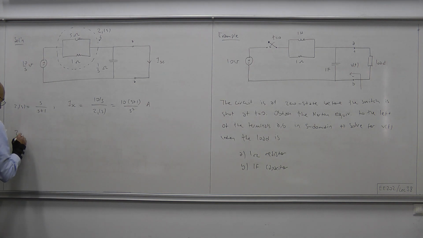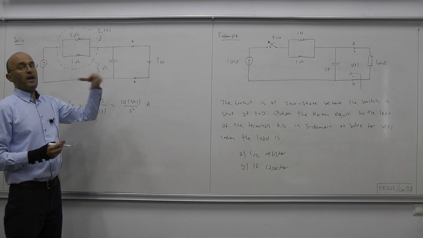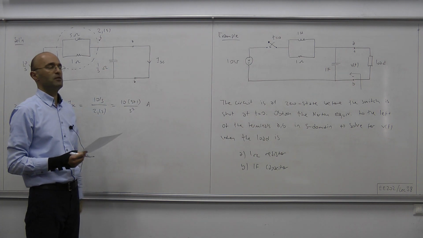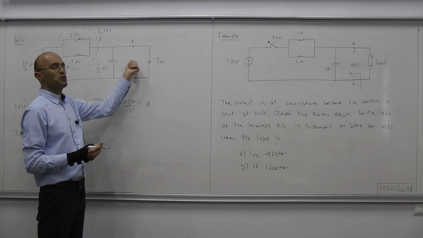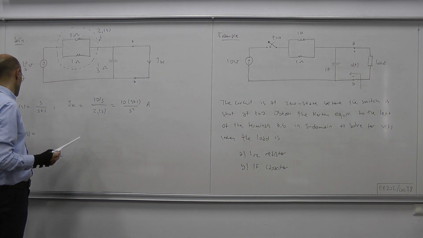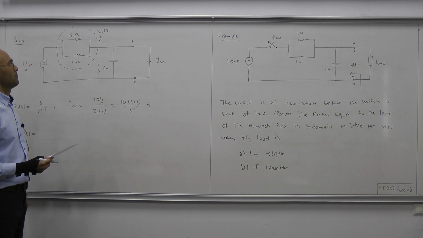How about Z Thevenin? Well, if we have the open circuit voltage, which is the Thevenin voltage, then the ratio of open circuit voltage to short circuit current gives us the Thevenin impedance. But there's another way.